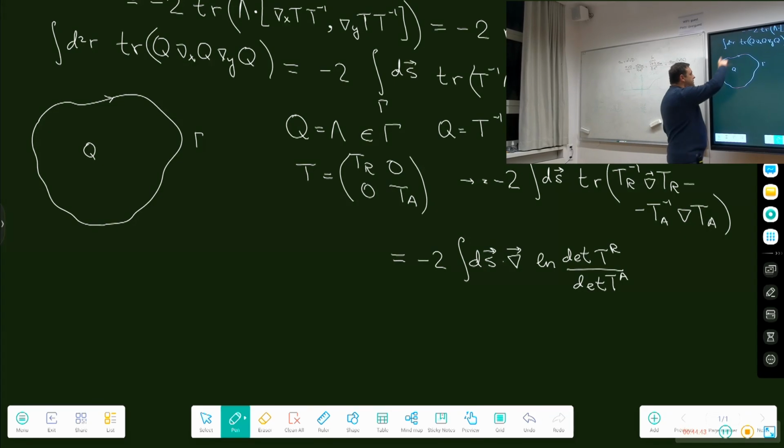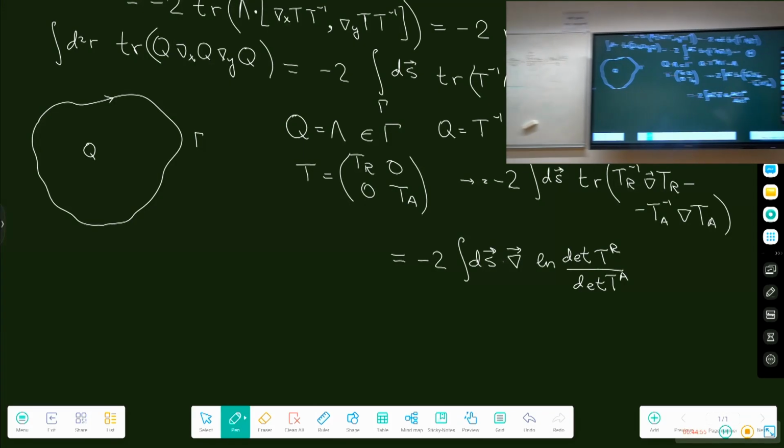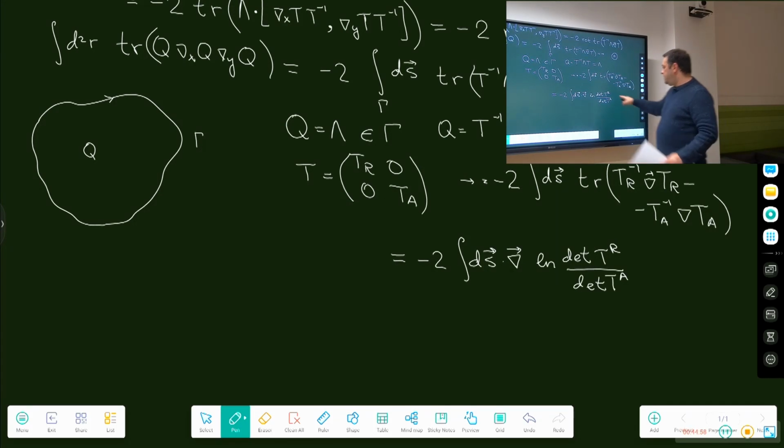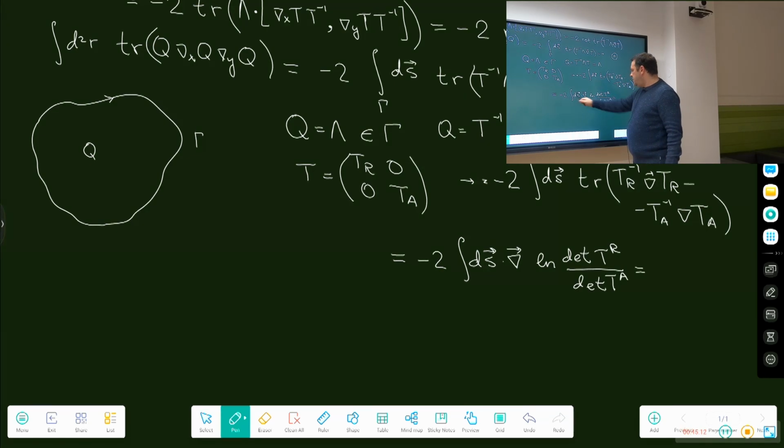And in this case, the line is the boundary. It comes back to the same point. So it should be 0, but since this is a logarithm, it's a multi-valued function, it may happen that the arguments, these determinants, go back to the same value, but the logarithm does not come back to the same value. It gets an extra number of 2 pi's. So in general, this whole thing should be equal to 4 pi i times some integer number.